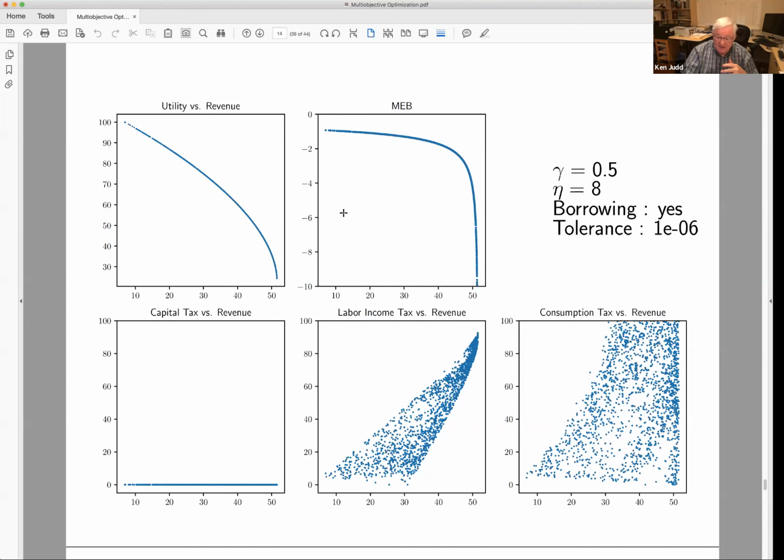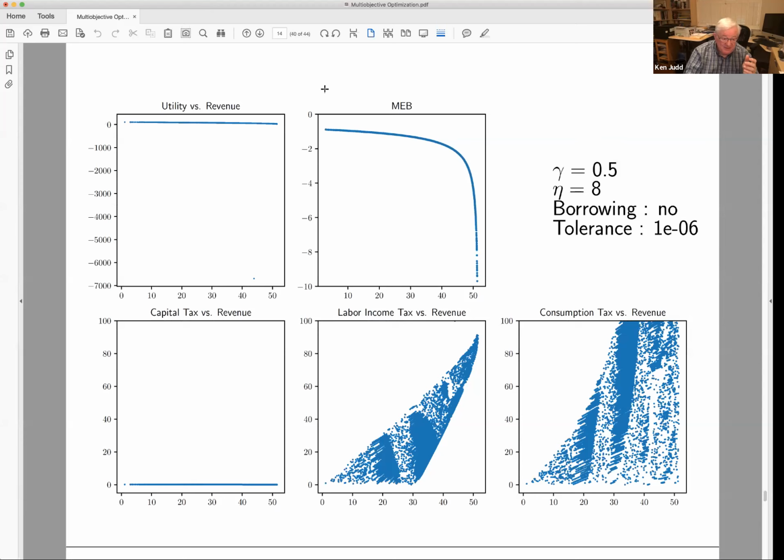Now, this is a slightly different utility function: gamma 0.5, eta equals 8, borrowing yes. And so it's roughly the same lessons here. Now, by the way, this is kind of a wacko thing, because there was one point which didn't get swept out that had minus 6,500 utility.